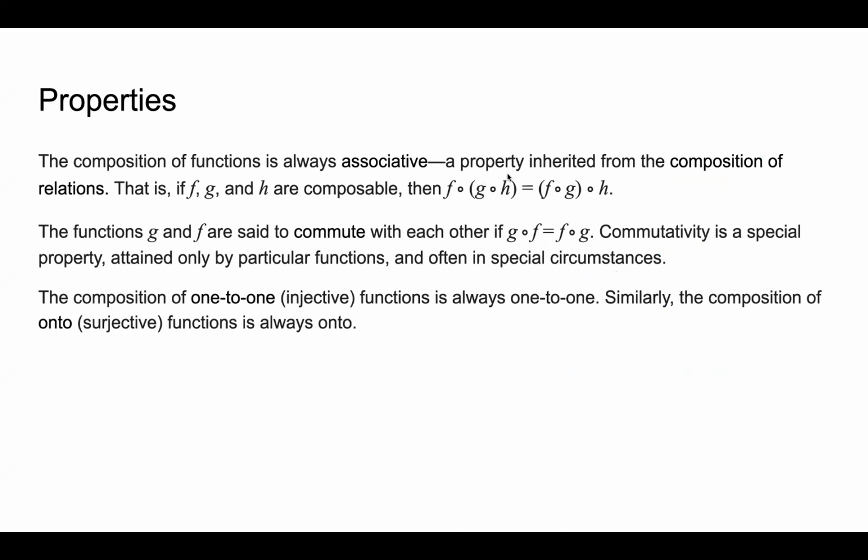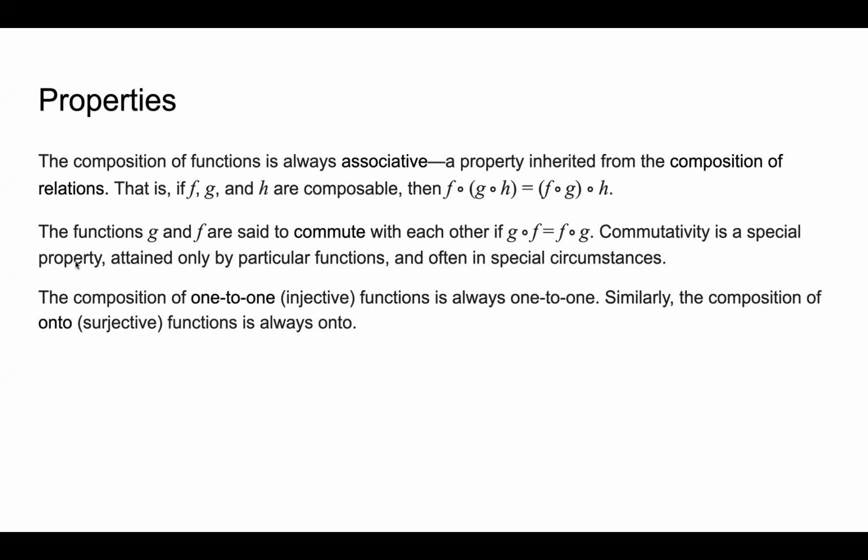Means if we compose g composite h first, and then compose the result with f, it will be equal to the composition of f and g, with the result composed with h. Whatever the order, it will be the same, because this is the associative property.